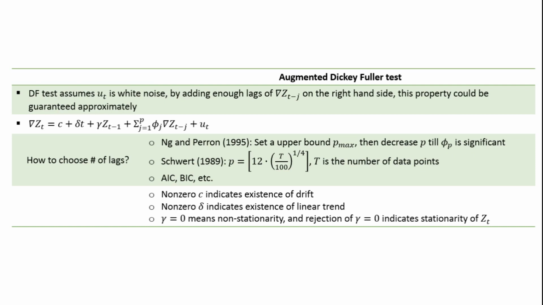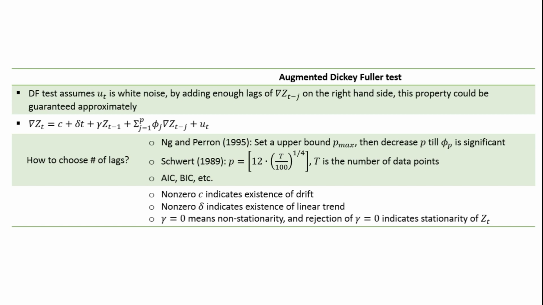The augmented Dickey-Fuller test assumes that ut is white noise by adding enough lags in the differenced error term on the right hand side of our regression relationship. This property can be guaranteed approximately.